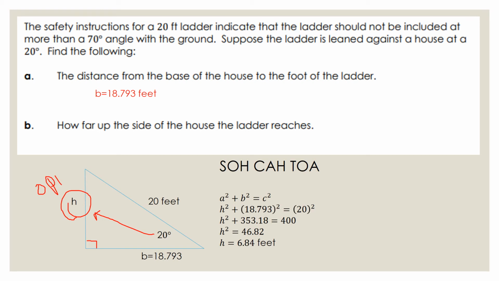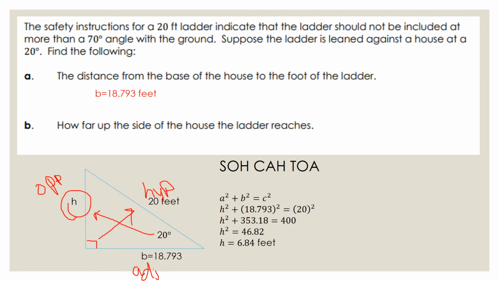We can say that this is the opposite side. Across from my right angle is going to be my hypotenuse. And then the side that connects my angle to my right angle will be my adjacent side. We can do that again if we want and use our SOHCAHTOA, but look for the opposite side this time.